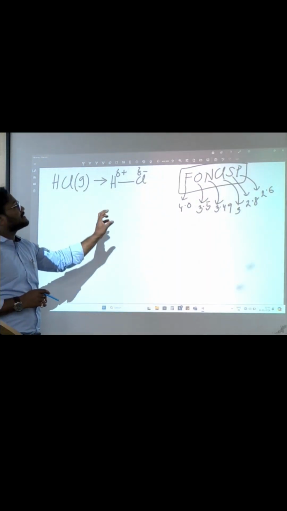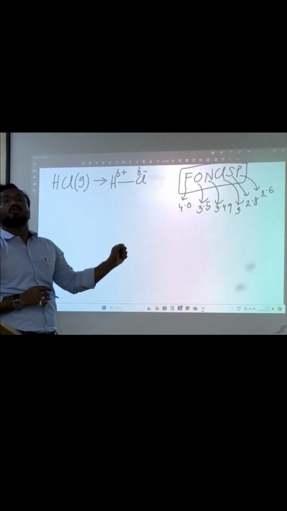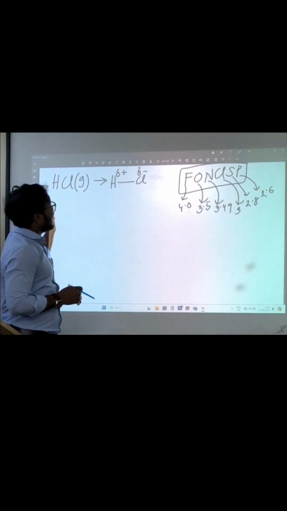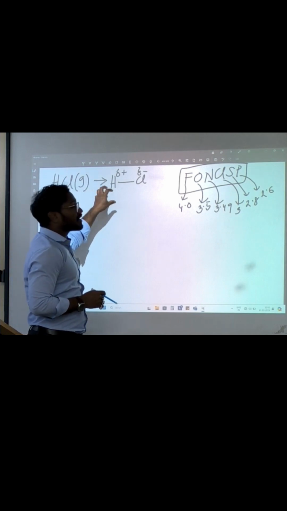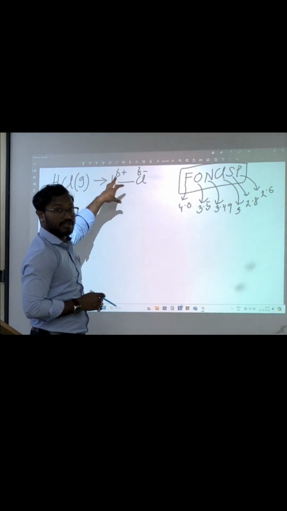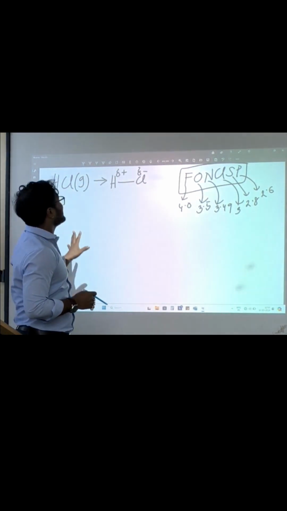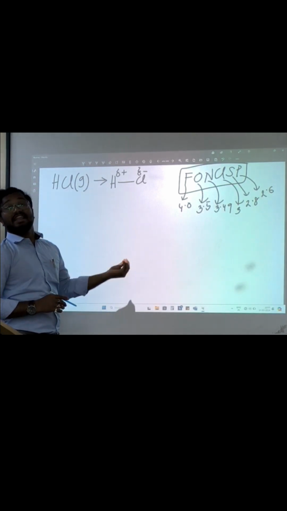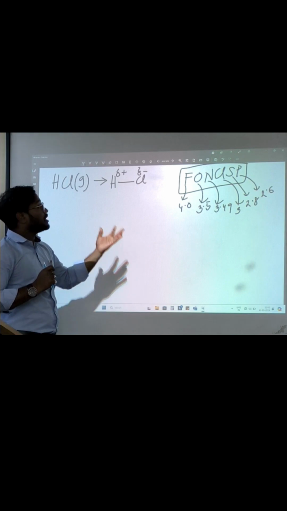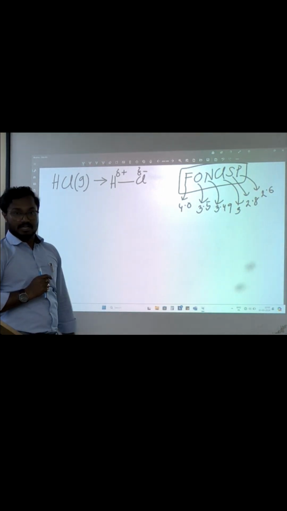As chlorine is more electronegative than hydrogen, it will attract the electron cloud of hydrogen towards it. So what is happening here? Chlorine is getting delta negative, a very small negative charge. Hydrogen gets a very small positive charge.